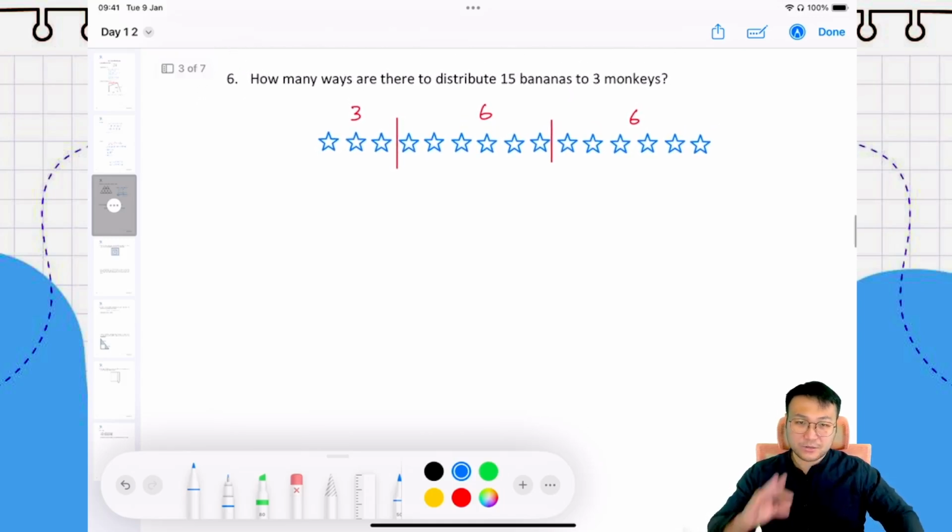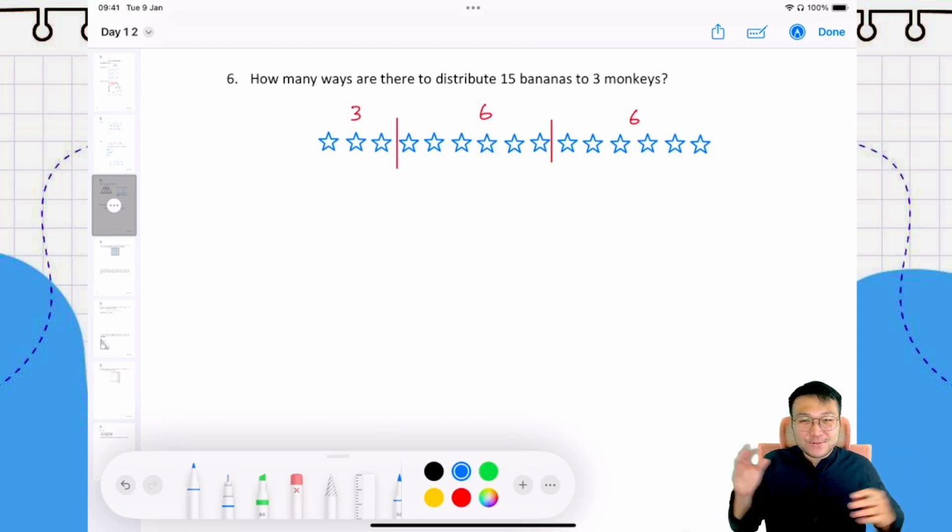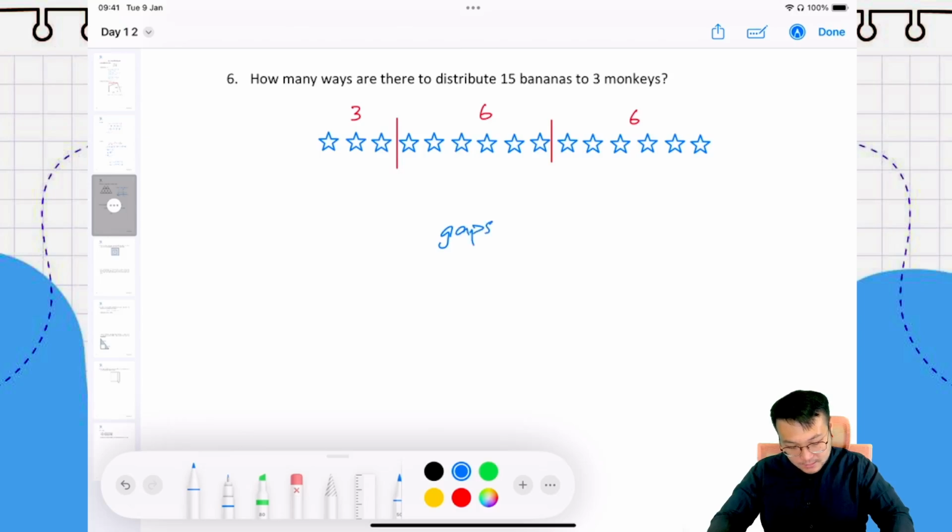So students, the question now comes, how do we calculate this? You ask yourself, in between all the stars, how many gaps are there? Can you type in the chat, how many gaps are there in between 15 stars?